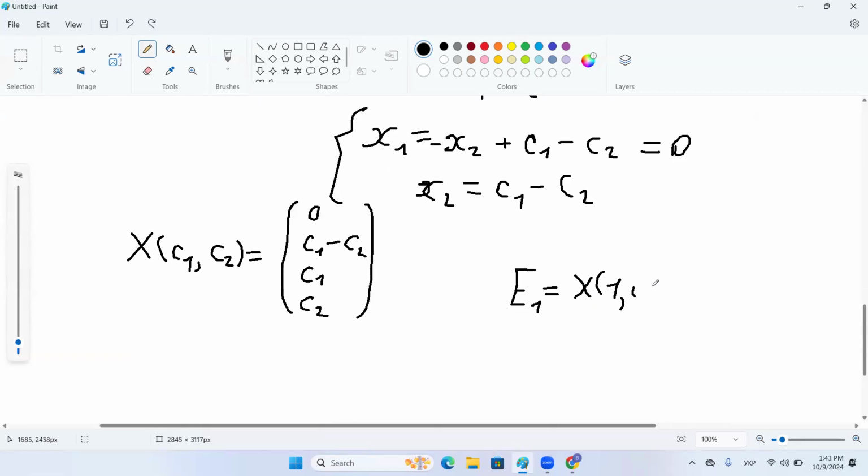So firstly we set 1 to the first free variable.